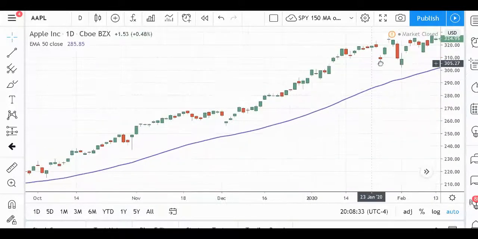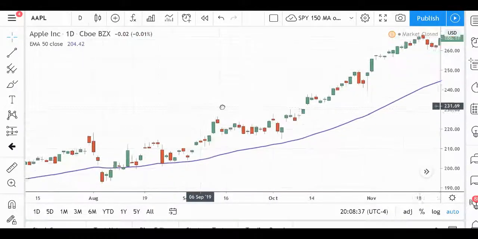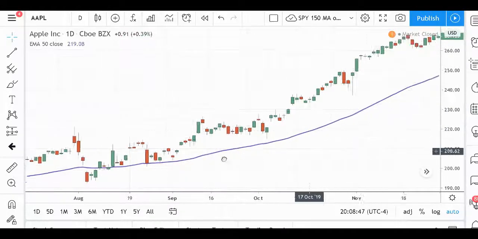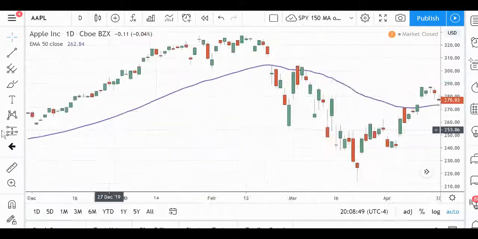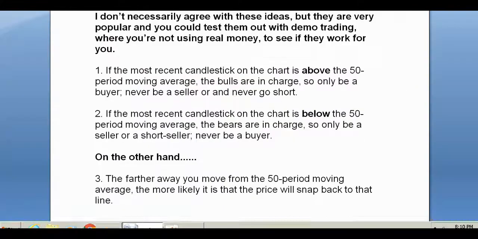It does not happen like that every time, but that is an interesting way to let your winners run, or at least not to be on the wrong side of the trade. That's the idea here, according to this method. As long as it's above the line, don't be a seller, be a buyer or hold on to it. That's the idea.